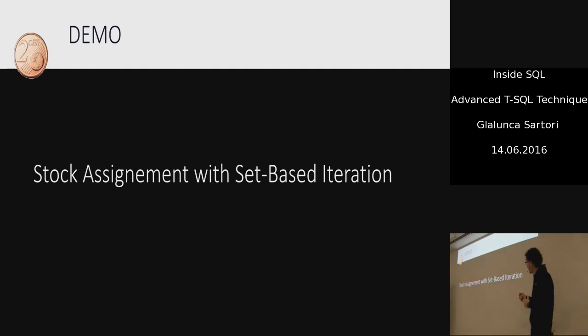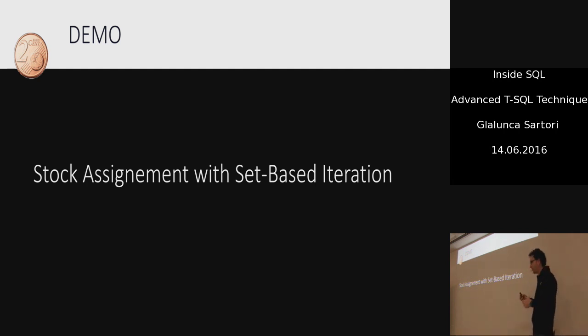So what I will show you here is stock assignment with a set-based iteration. What does it mean? Imagine that you have a warehouse with some items, with some products, and some orders, and you have to find which products in your orders are covered by some stock in your warehouse.